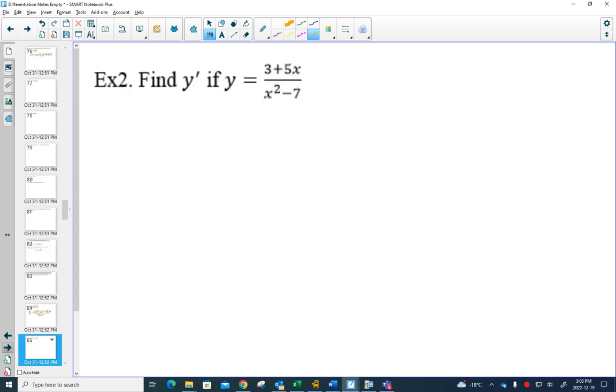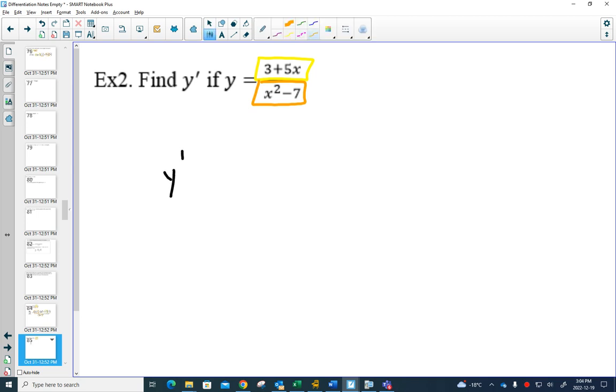Again, function on the top, function on the bottom. Nothing really simplifies. Sometimes you can simplify things and make your life easier, but nothing simplifies here. We'll do one more together.